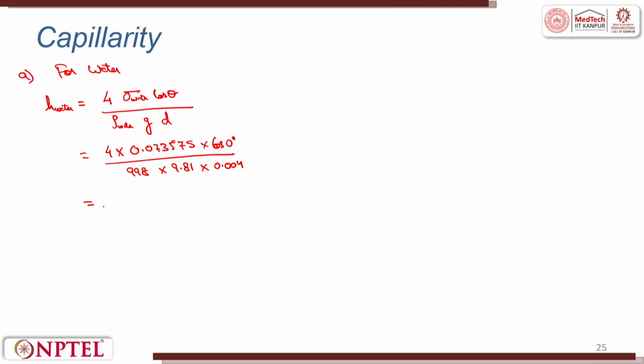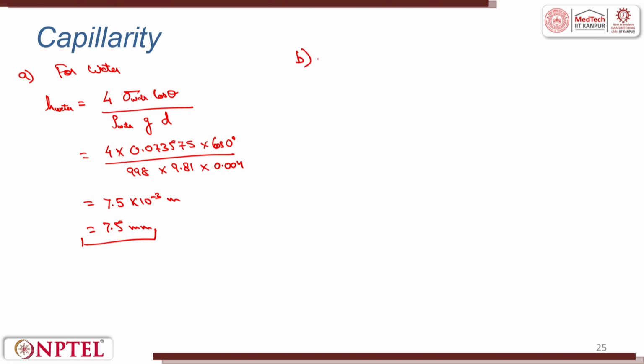I got the value as 7.5 into 10 raised to power minus 3 meter, or in millimeter, this is equal to 7.5 millimeters. So this is the capillary rise in water for the given parameters.